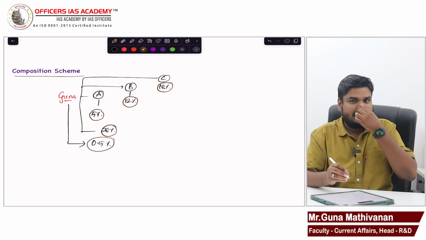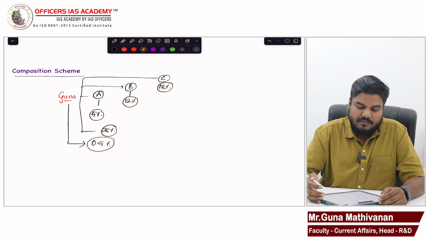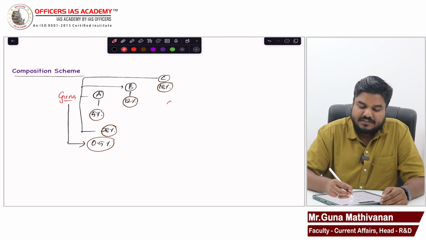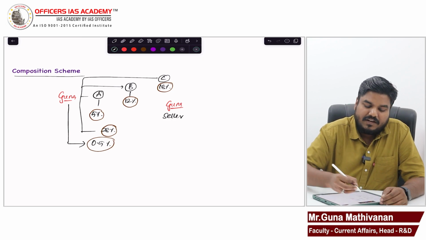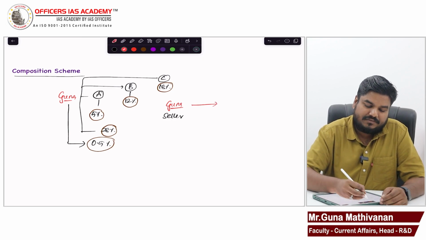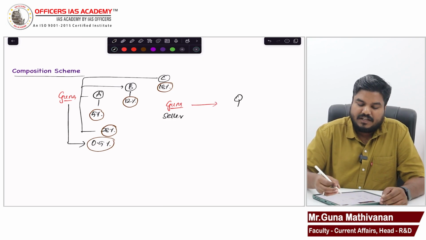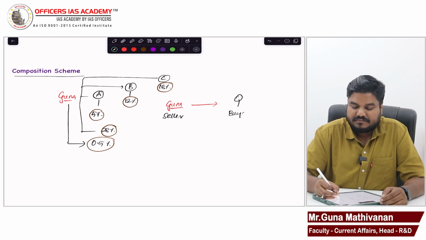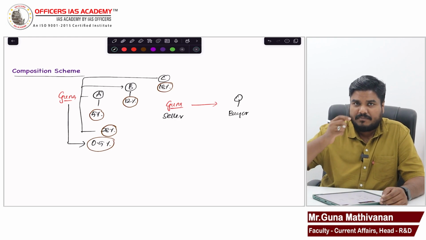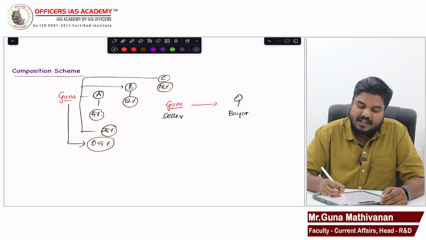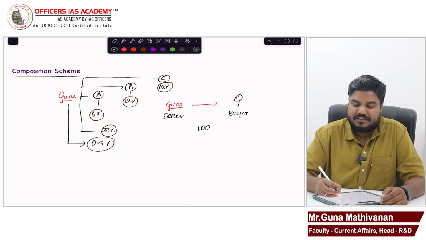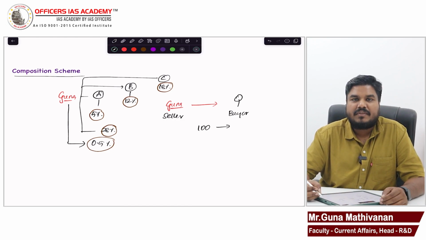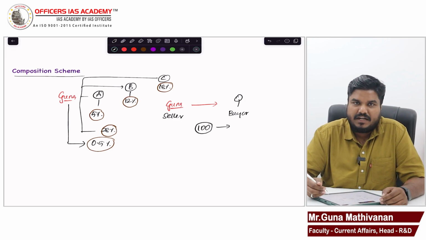Let us imagine, whenever Guna sells, Guna is going to be the seller, and whenever Guna sells the products to consumers, the consumer is going to be the buyer. Let us assume Guna is selling 100 rupees worth of product to the buyer, for which GST has to be paid.